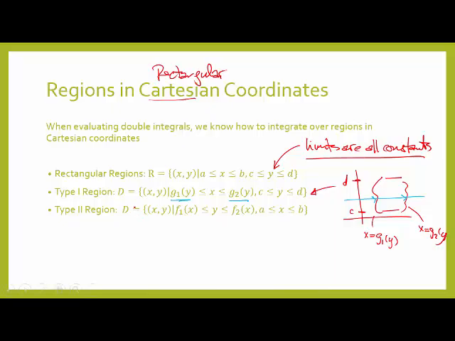And then the other type would be kind of just switched around, where you would be integrating with respect to y first, going into some f1 function, and then getting out of some f2 function with respect to y, and then the outer limits are constants a and b.